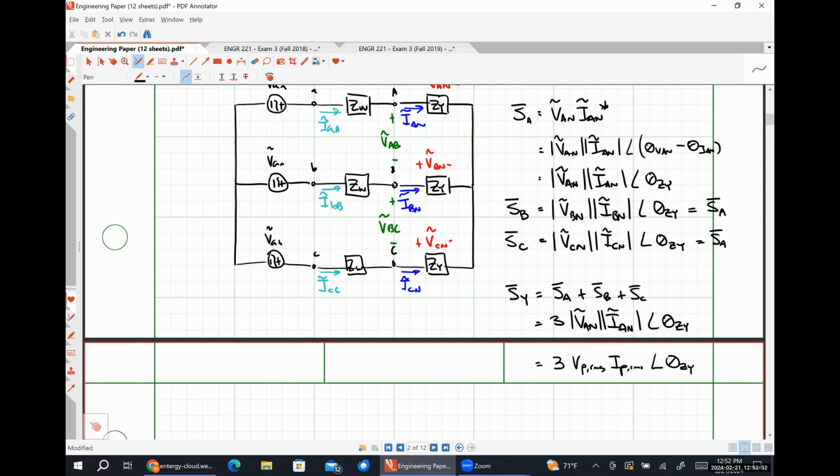They're the same thing. IAA must be identical to IAN because they're flowing through two impedances that are connected in series, right?